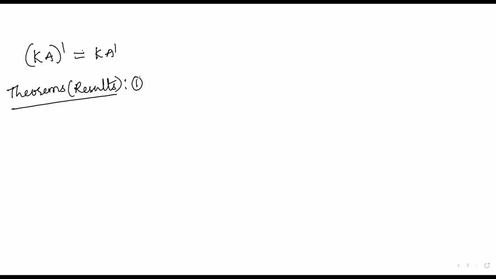Number one: A plus A transpose is always a symmetric matrix. Oh, I should first tell this. We'll tell some more types of matrices before this.